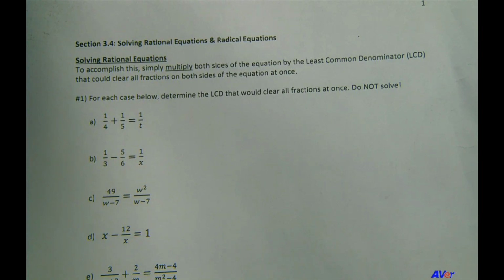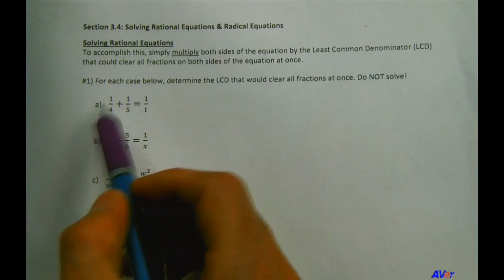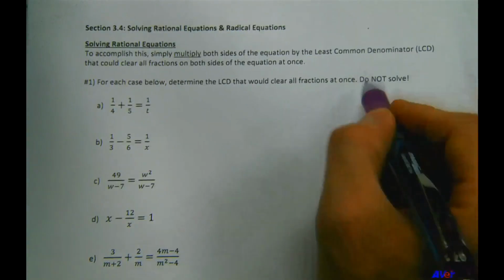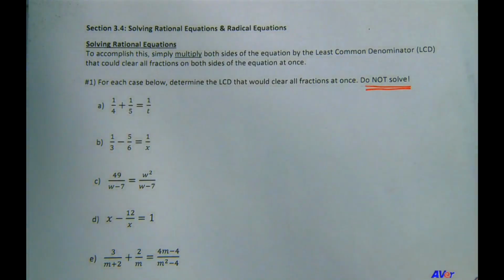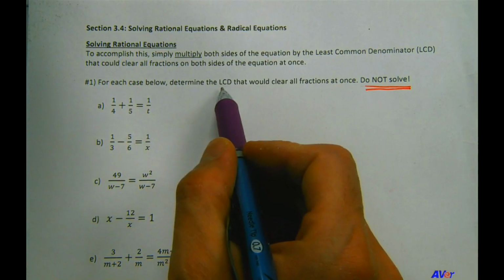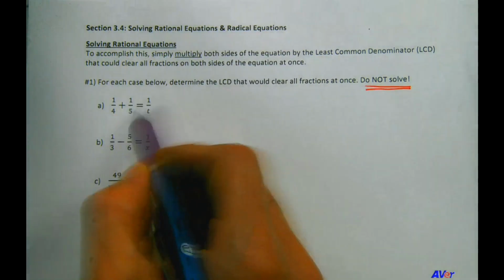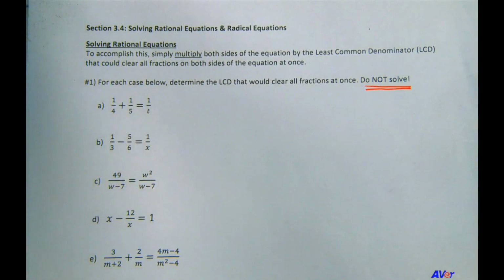So let's get started by looking at the first example here. And in this case, we are not solving. Notice that we are not solving any of these examples. We are just looking for the least common denominator, which would help us then to multiply both sides by the LCD to clear all the fractions at once.